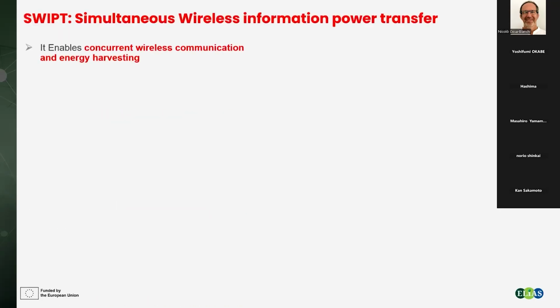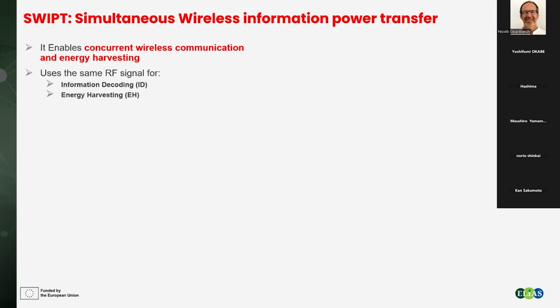Now we will have a short talk about SWIPT, simultaneous wireless information and power transfer. Instead of sending information only, we send information and energy for harvesting. So the device that wants to be charged can make use of this signal for harvesting.